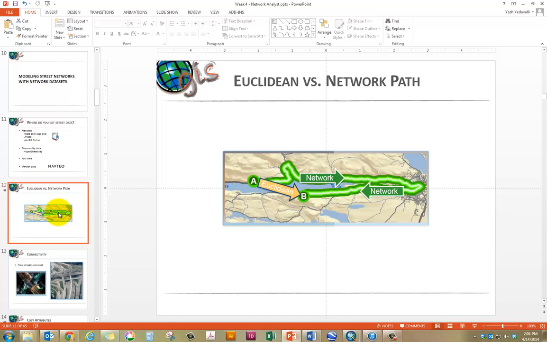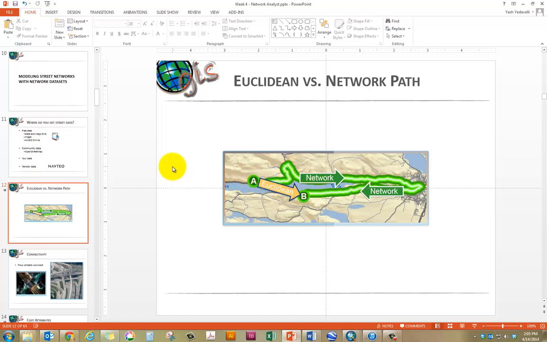If you have a point A to point B and you need to get from point A to point B using a network, you have to travel around the river and take the actual roads to get to point B, as opposed to a crow distance, which is also called Euclidean distance, which is essentially a straight line distance from point A to point B. So what this network distance does is it gives you the real cost involved, which in this case would be time and distance involved in traveling from point A to point B.